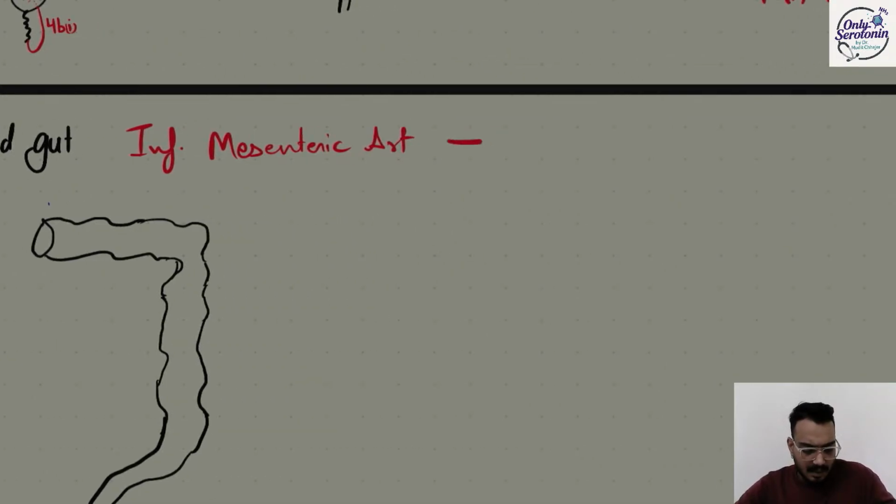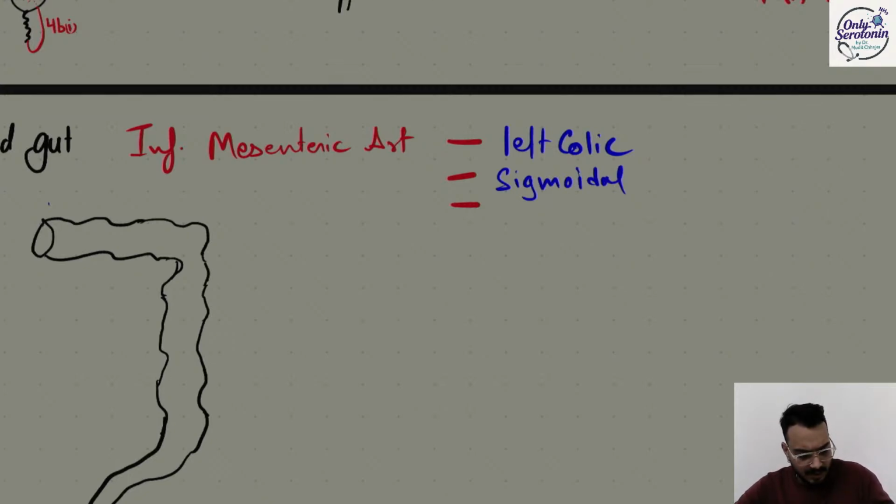The inferior mesenteric artery is going to have only three branches. Out of them, the first one is your left colic artery, the second one is your sigmoidal artery, and the third one is your superior rectal artery.